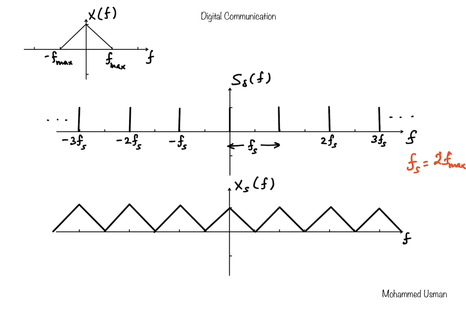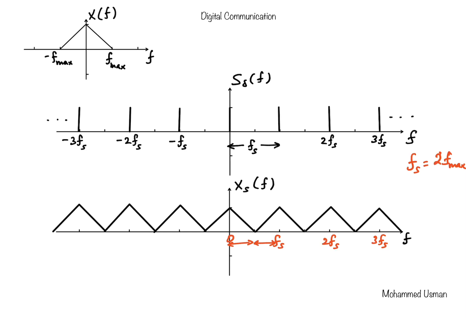So when the sampling rate is exactly equal to the Nyquist rate, then we have the spectral replicas centered at fs, 2fs, 3fs, and so on. And because fs is exactly equal to twice the maximum frequency, so that is f max, and that's another f max, we have fs equal to 2f max.